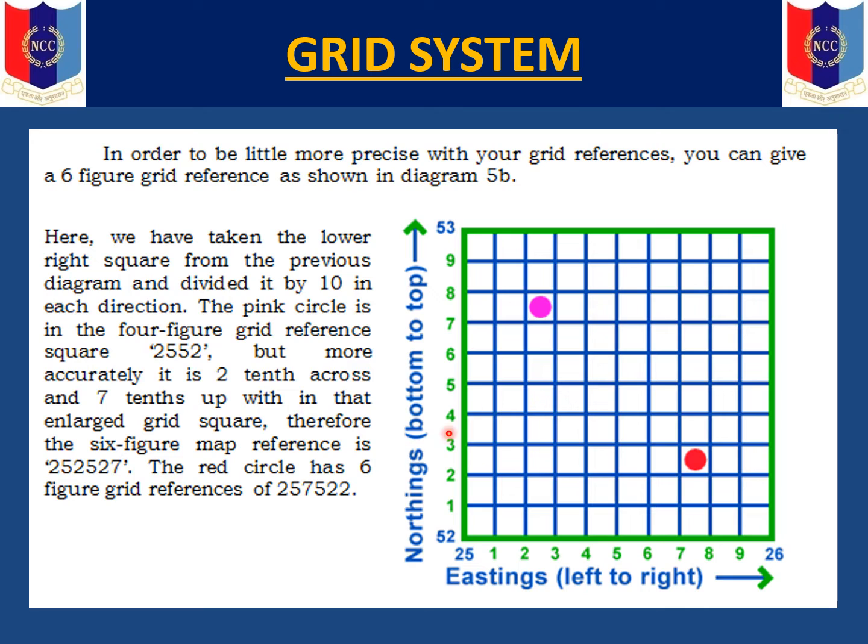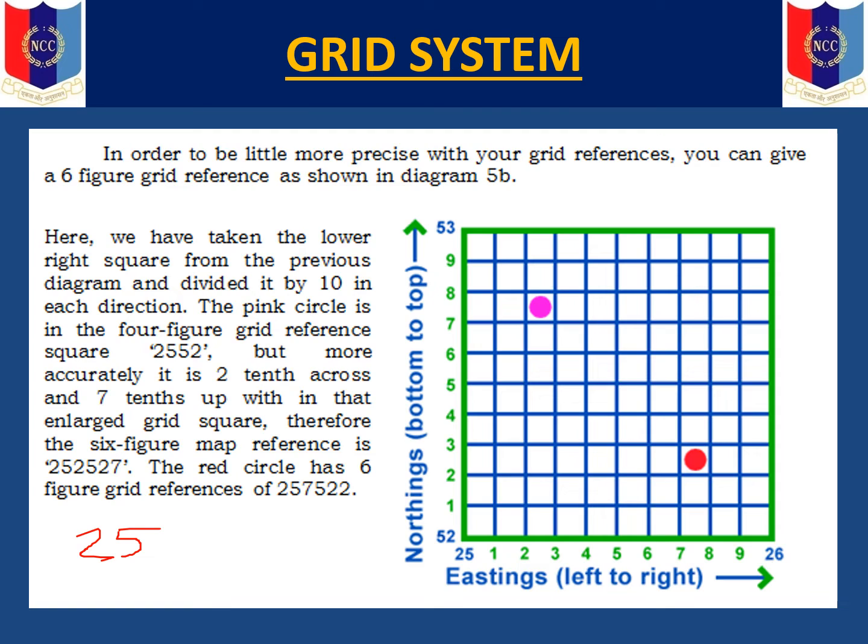Now for a greater accuracy, you can also go in for an 8-figure grid reference to say exactly where this lies. So how will you give it? We'll just see. I'll take up this. So it will be first 25, of course, 25, then it is between second and third.